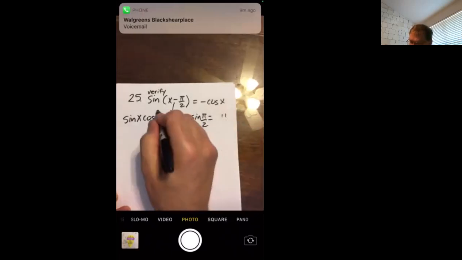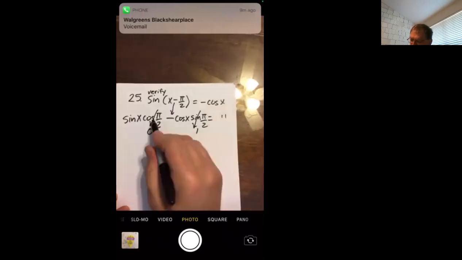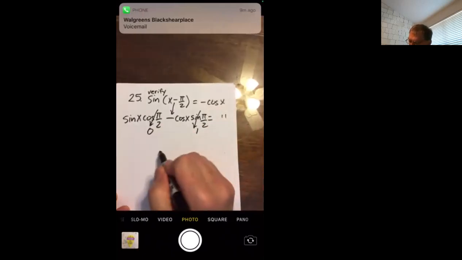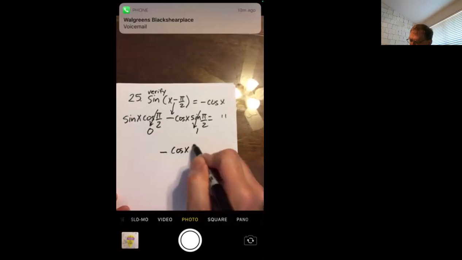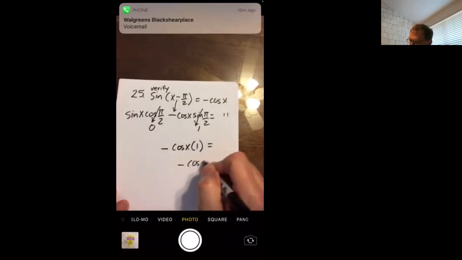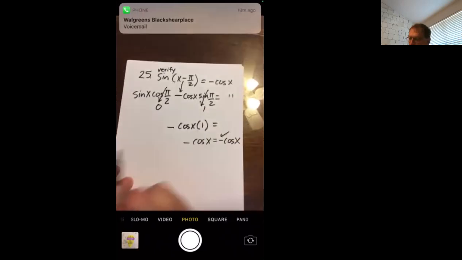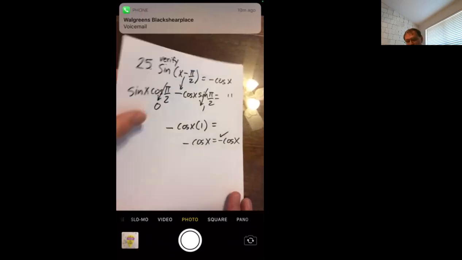All right, well, cosine of pi over 2, remember, is 0, and sine of pi over 2 is 1. So this is 0, it dies, and you wind up with negative cosine of x times 1. And sure enough, that's negative cosine of x equals negative cosine of x. So I hope you find these identities a little easier because they were built to follow these formulas.